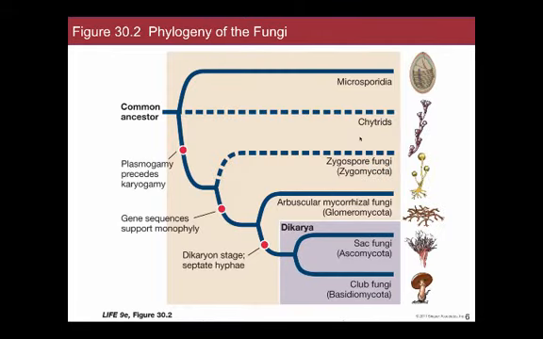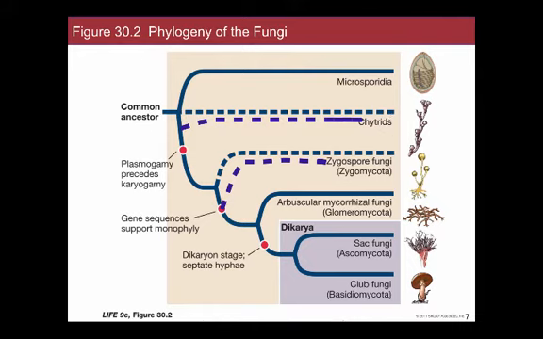So again, there are 6 major lineages outlined in the book, and as you will see at the end of today's lecture, there are other lineages that are not included here, just like with the bacteria and archaea and microbial eukaryotes. They're listing the 6 best understood, best characterized different groups within the fungi.